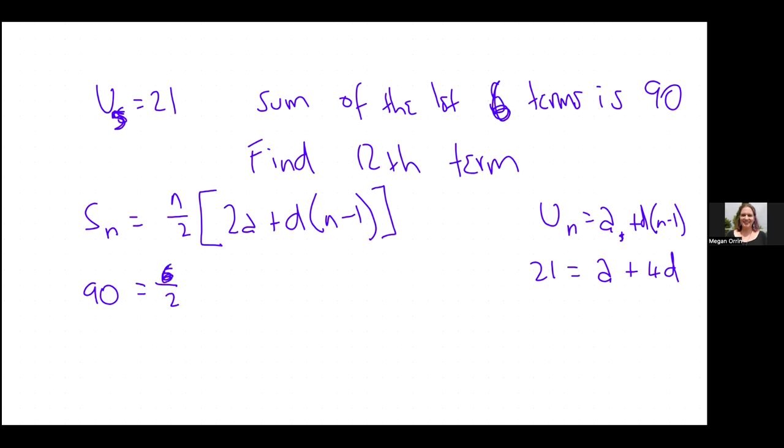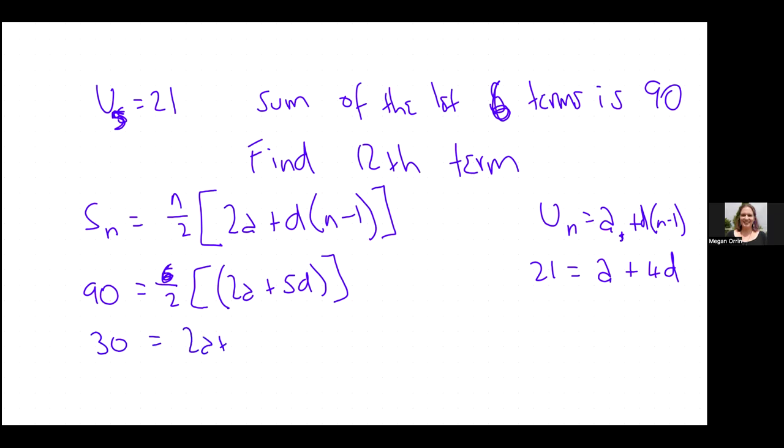Okay, so then I've got 2a plus d times 5, 6 minus 1. So this is 5d. So let's make that 30, bring it across and divide it. Then I've got 2a plus 5d.